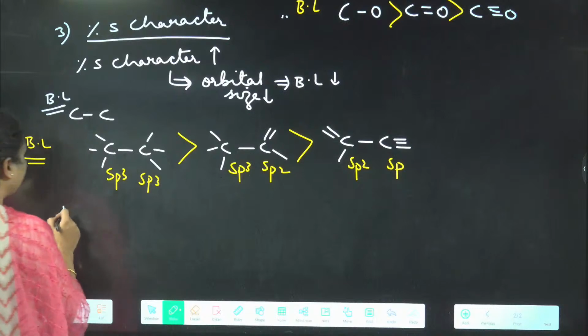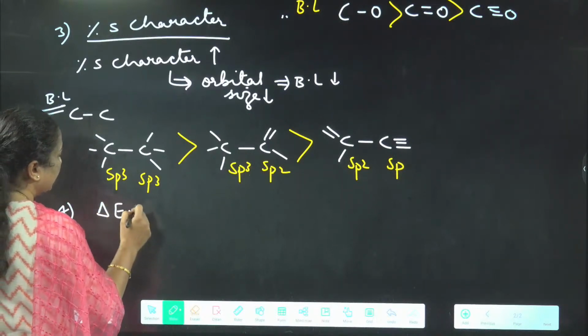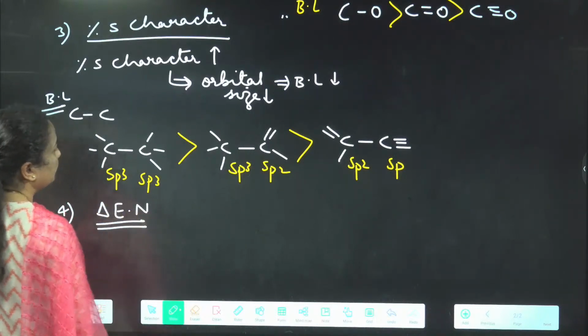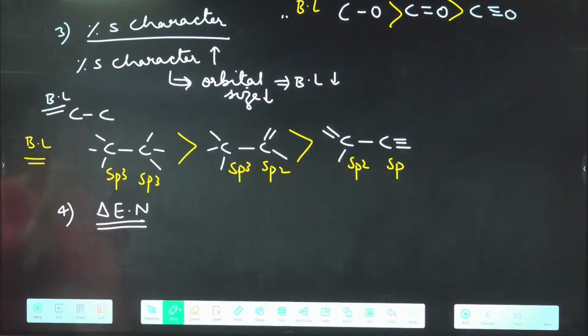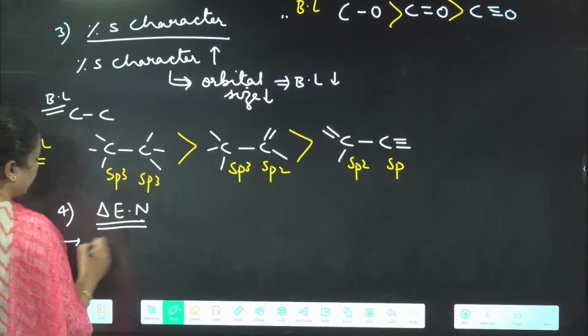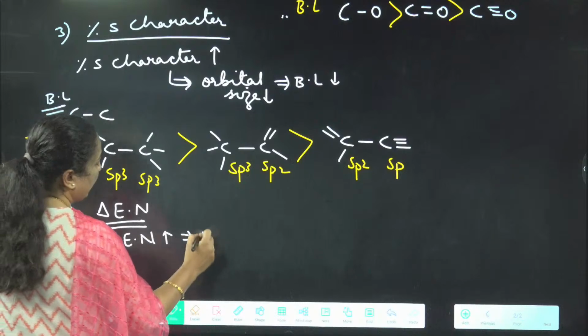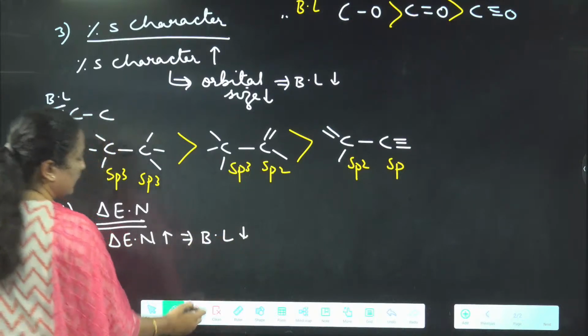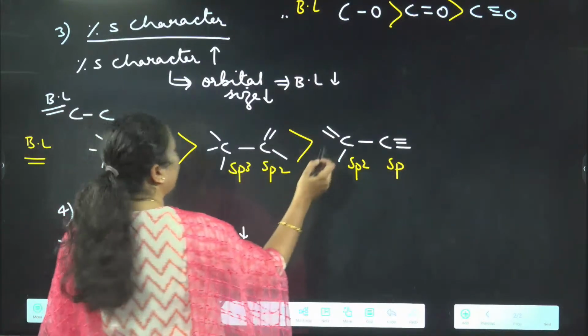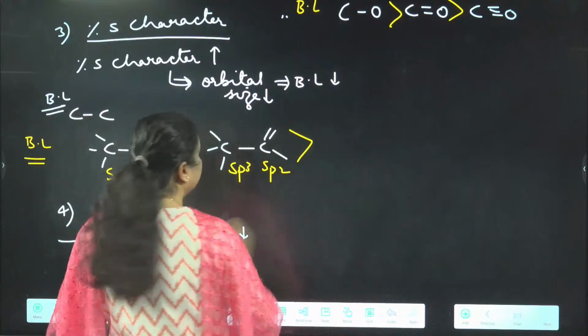And the fourth factor which is there is delta EN, that means electronegativity difference. If delta EN increases, what is happening to the bond length? It is going to decrease. If you want to write a particular order, we can also go like this.